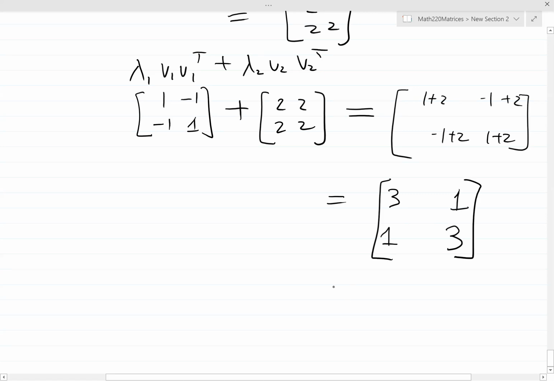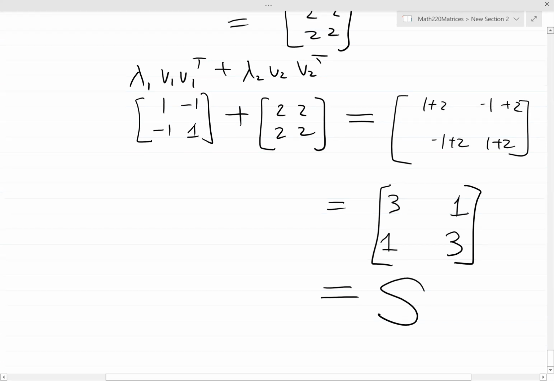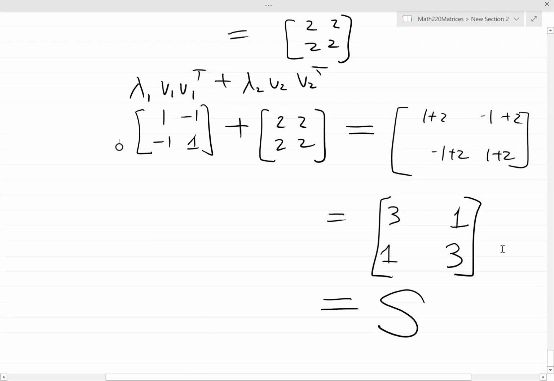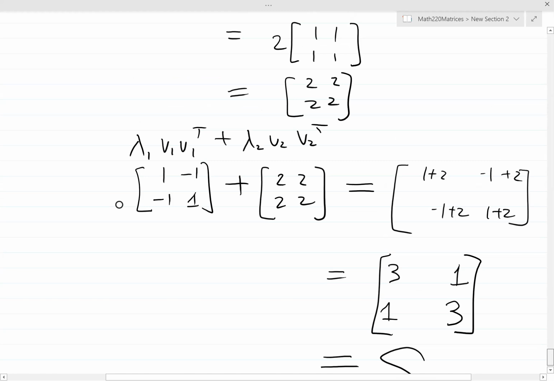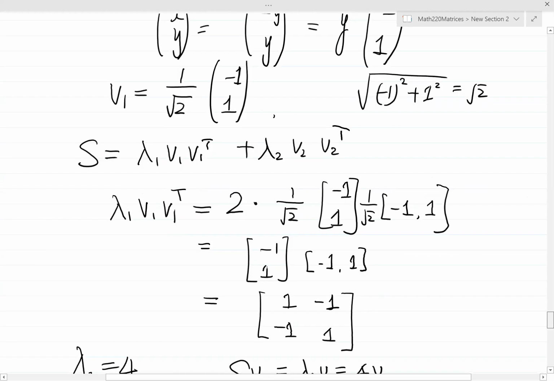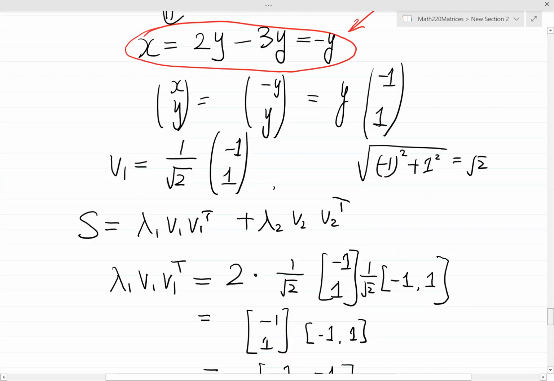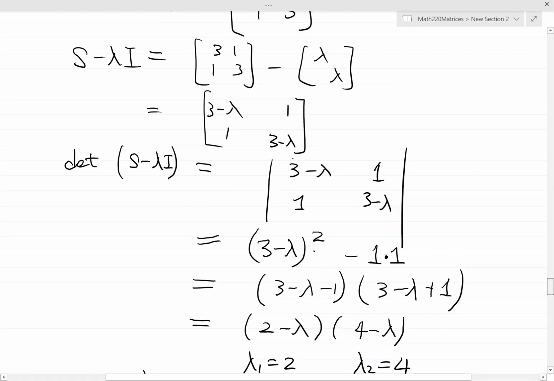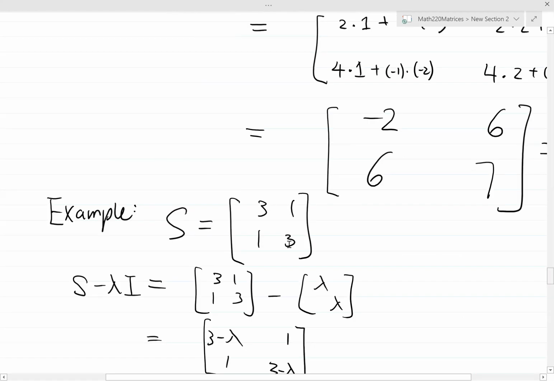You see that is exactly our original matrix S. If you check our matrix S, yes, it is 3, 1, 1, 3. So this gives one example of spectral decomposition.